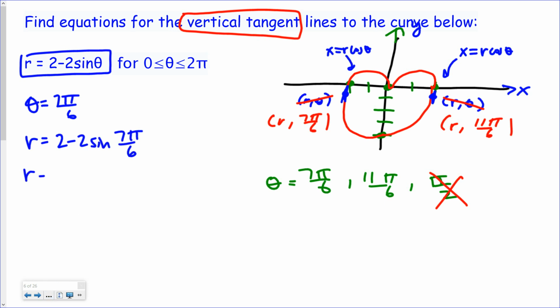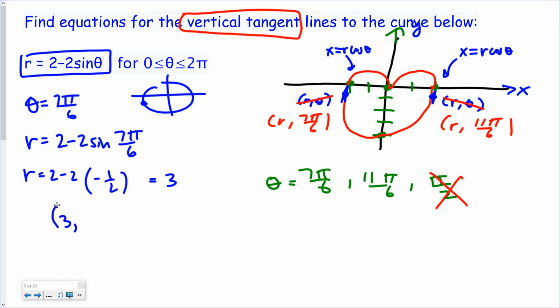And so therefore, my r is going to be 2 minus 2 times, what's the sine? So let's think about this. What's the sine value of 7 pi over 6? Negative 1/2. So this is going to be equal to 3. Okay, so what I have here is r, theta is equal to 3 comma 7 pi over 6.